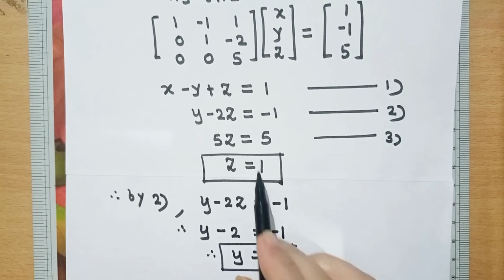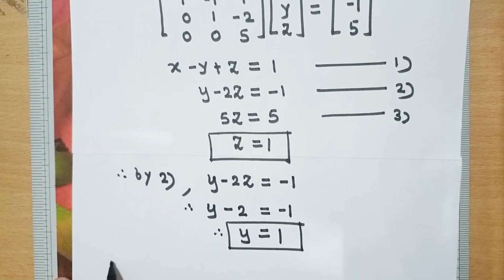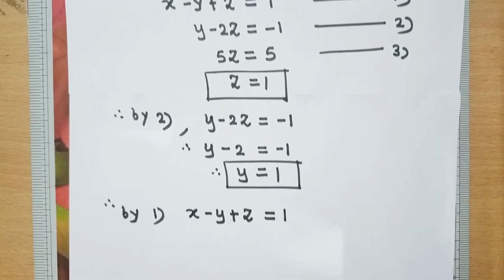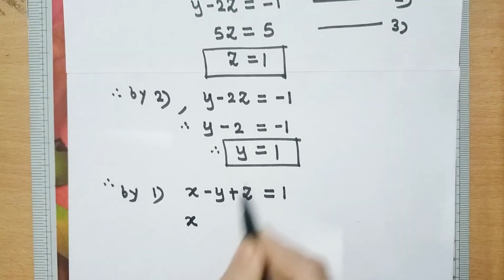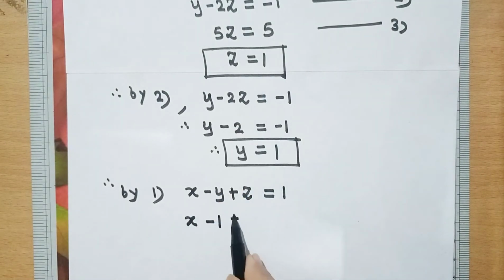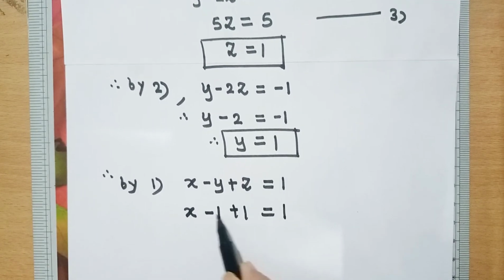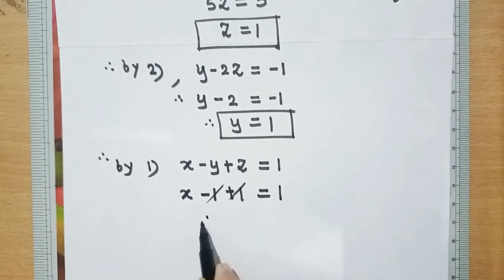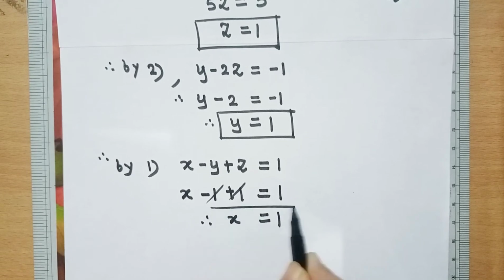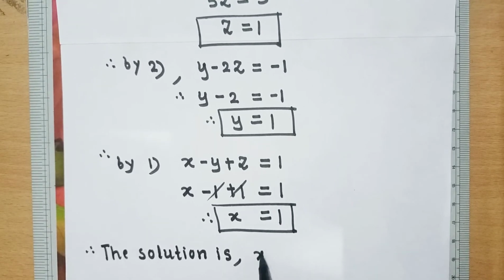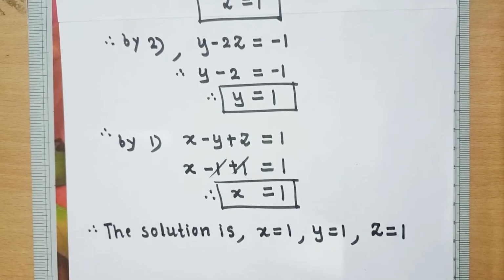And again substitute z and y in equation 1, therefore x, y is 1, z also 1, and that is equal to 1, plus 1 minus 1 cancel, and therefore x is equal to 1. And therefore the solution is x is equal to 1, y is equal to 1, and z is equal to 1. Our required solution.